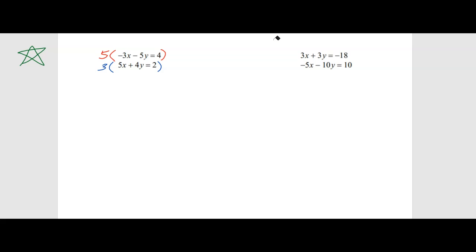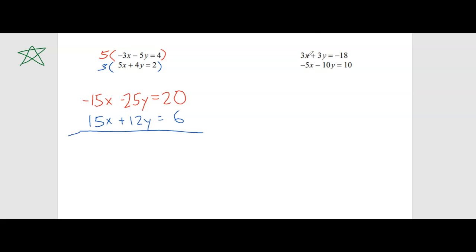My two new equations will become negative 15x minus 25y equals 20. Sorry, equals 20, not plus 20. And then when I multiply the second equation, I'm going to get positive 15x plus 12y is equal to 6.